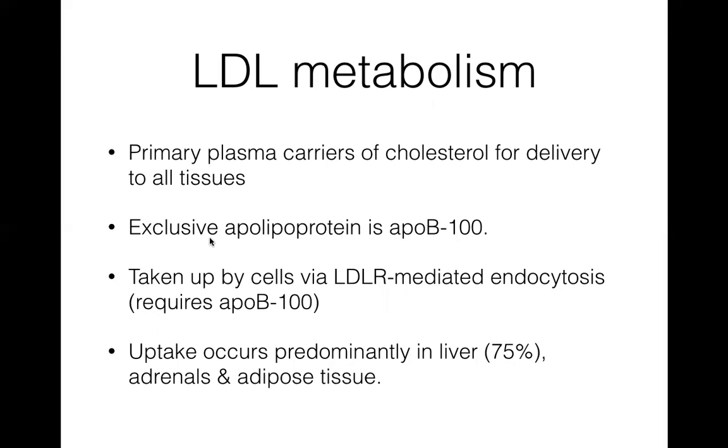So it delivers its cholesterol to different tissues, mainly via a mechanism called LDL receptor-mediated endocytosis, which requires recognition of ApoB100. And where is this LDL receptor-mediated endocytosis taking place? 75% happens in the liver, whereas the remaining 24% occurs in peripheral tissues that require cholesterol, such as adrenal glands and adipose tissue.